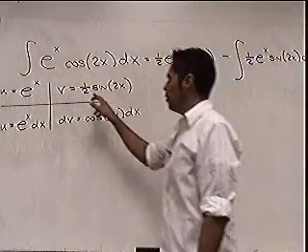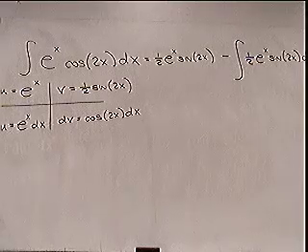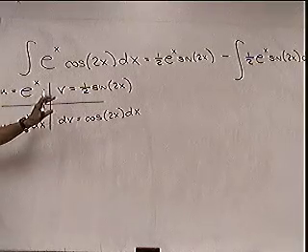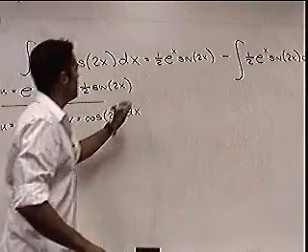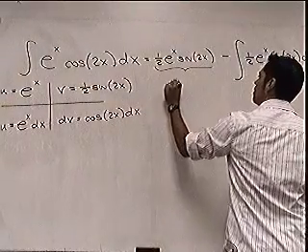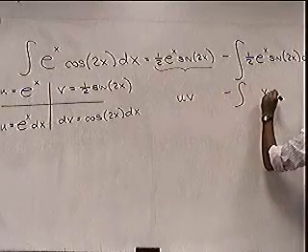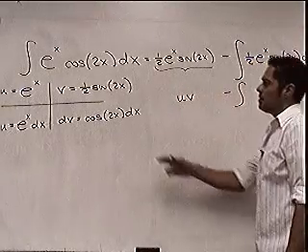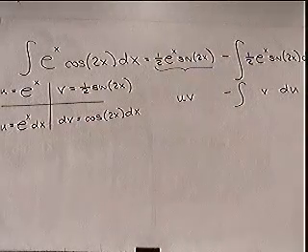So that's my voodoo right here. Agreed? We're all there? What's up? So this right here, these two, this is uv minus the integral of v du. So that's this one and this one multiplied together. Yeah?